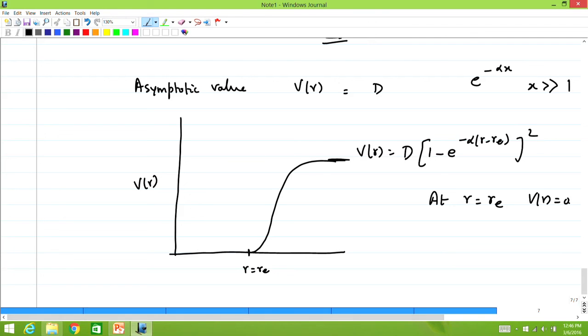Therefore, you see that the V of R reaches an asymptotic value, and this is the asymptote. Therefore, D is the value for infinitely large R compared to Re.